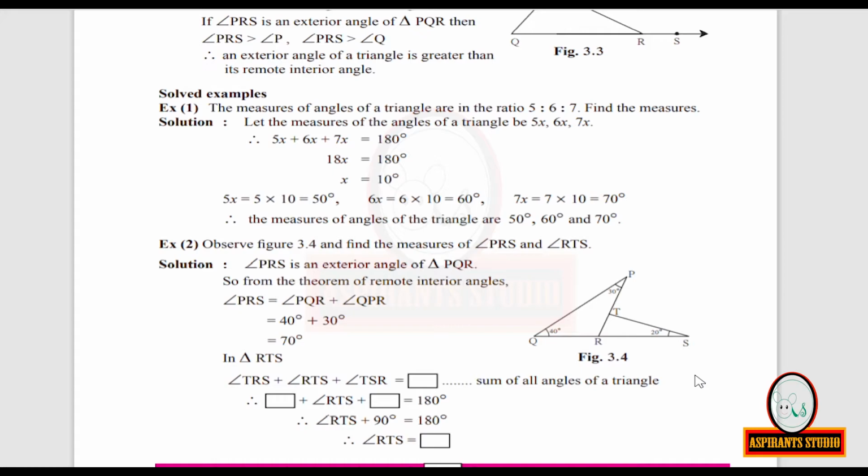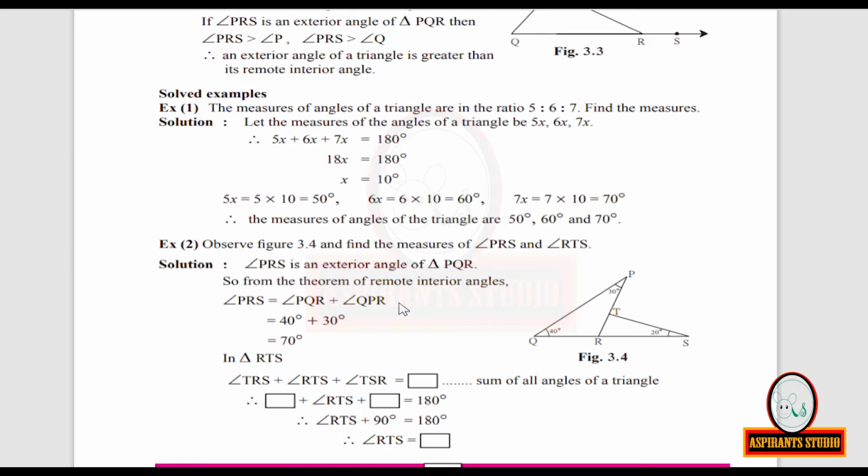So that is equal to measure of angle PQR plus measure of angle QPR, which are the remote interior angles in this figure. So we get measure of angle PRS is equal to measure of angle PQR plus measure of angle QPR.